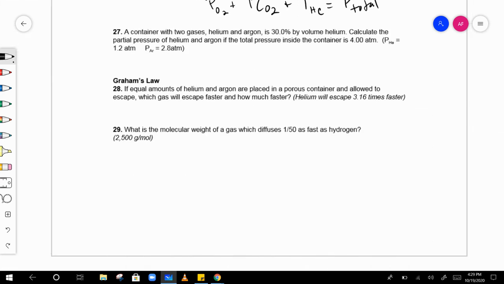Graham's law. This one's a little bit tricky. So helium and argon we're looking at, allowed to escape. Which one will go faster and how much faster? First of all, I know helium's going to be faster because it's smaller.